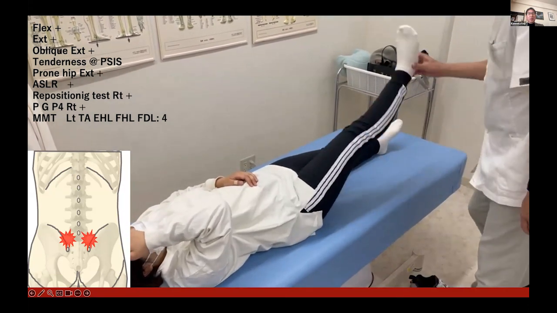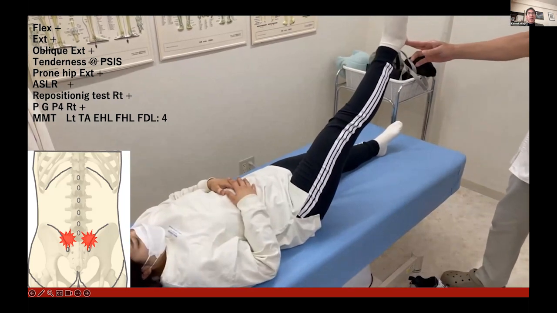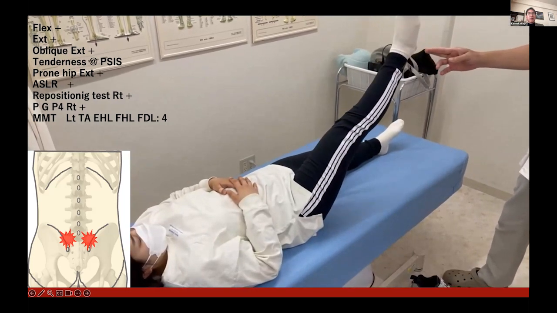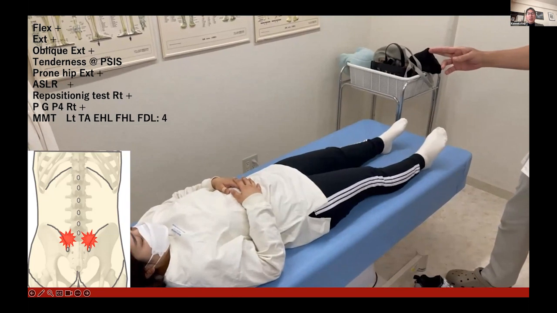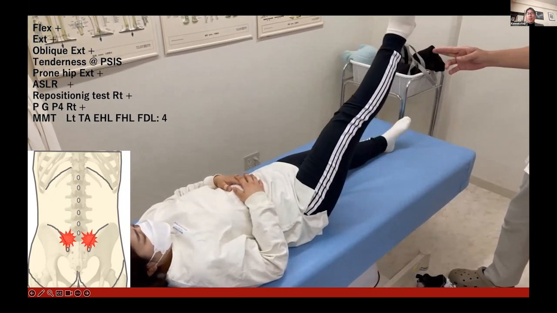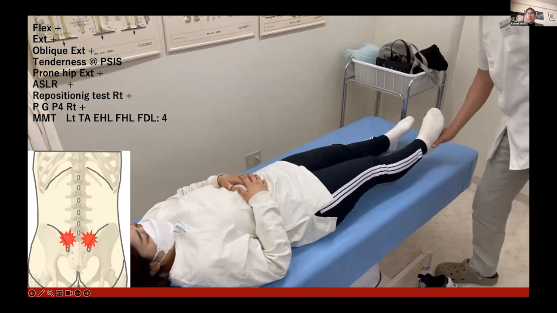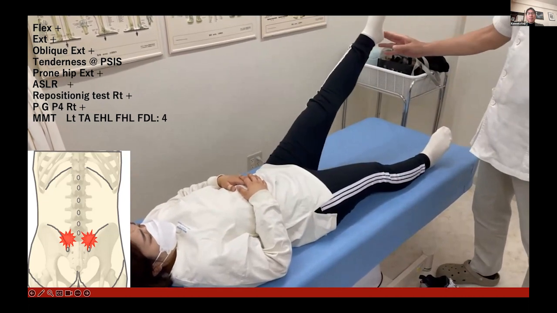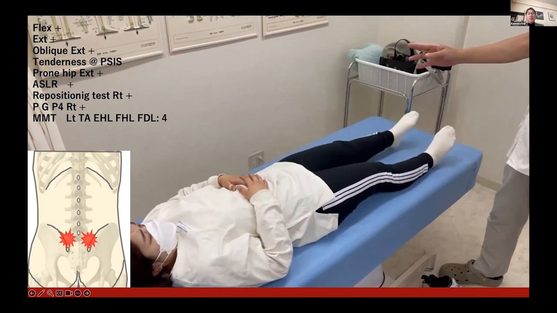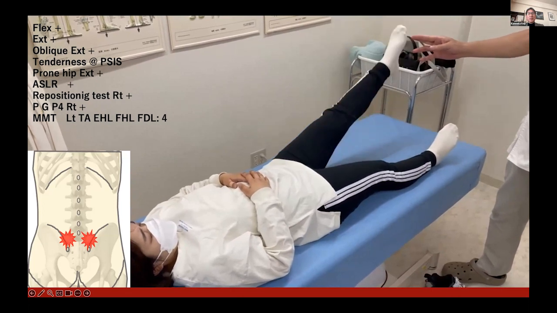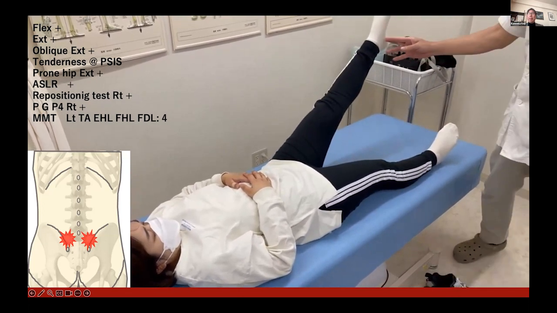She felt heaviness on her right leg. This is a repositioning test. The right side couldn't be returned correctly, and the left side returned correctly.